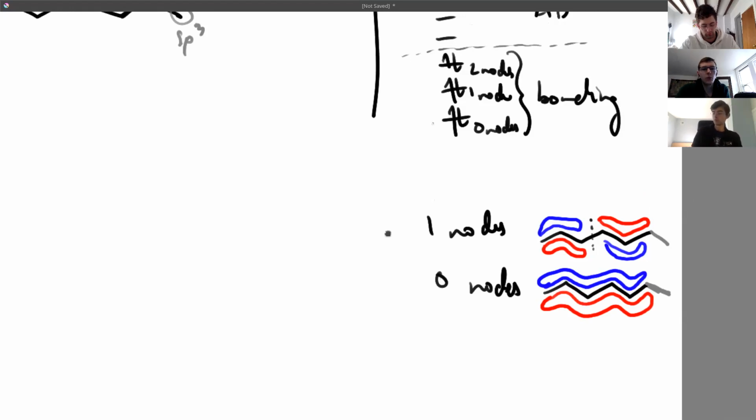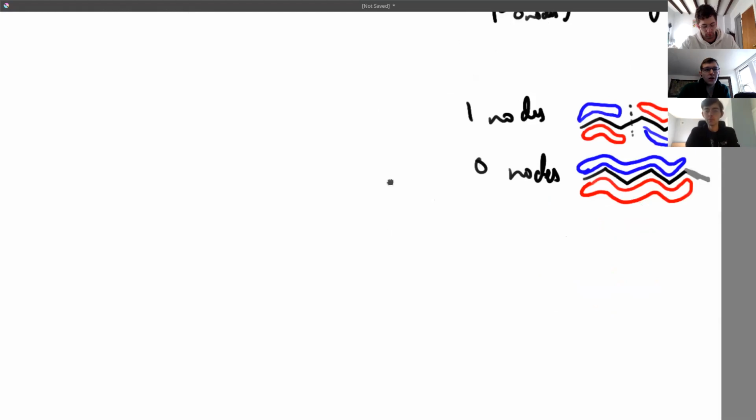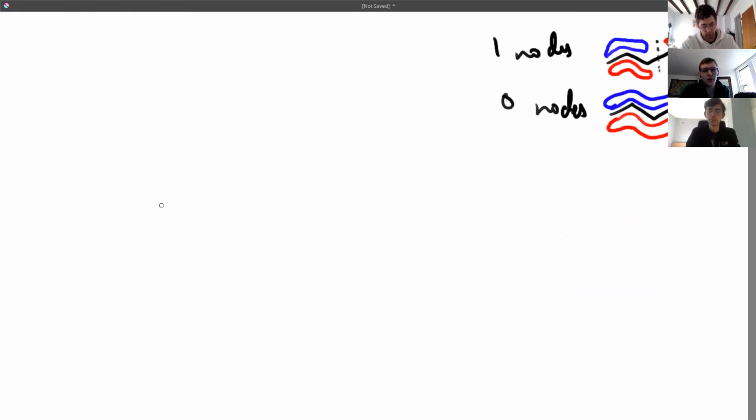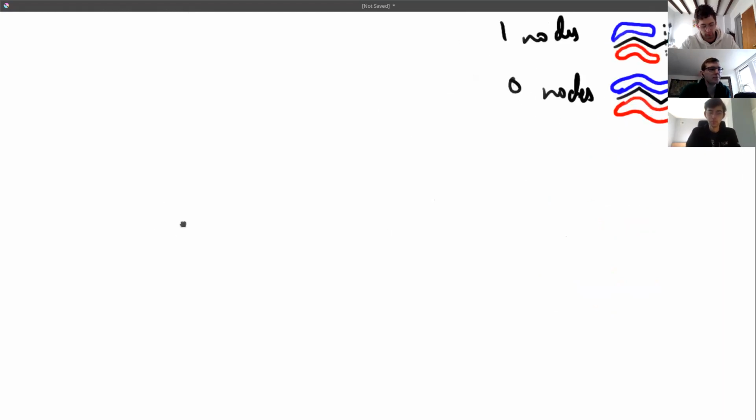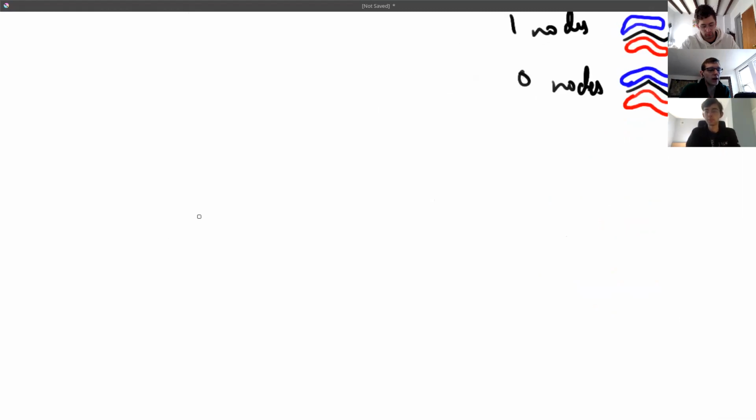Cool. When you have a ring molecule, it's a little bit more complicated. And so why don't I draw, let me pick just a basic molecule. This is probably fine. Let's just pick benzene, I guess.